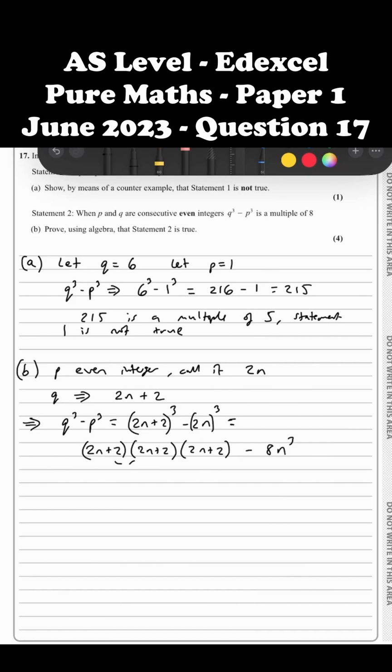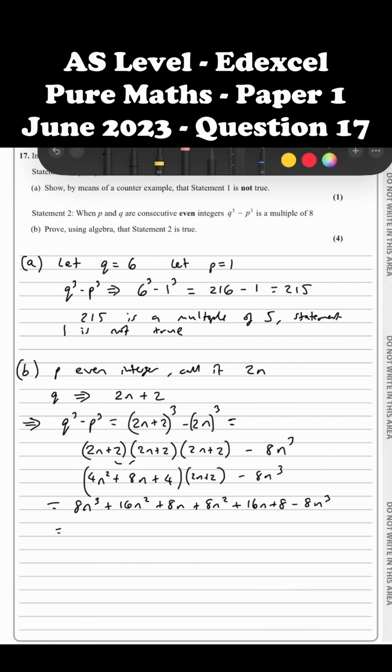I'll do these two multiplied together first, which is going to be 4n squared plus 2 lots of 2n plus 2 lots of 2n, which is going to be 8n plus 4. Lots of 2n plus 2 minus 8n cubed, which is the same as 8n cubed plus 16n squared plus 8n plus 8n squared plus 16n plus 8 minus 8n cubed.